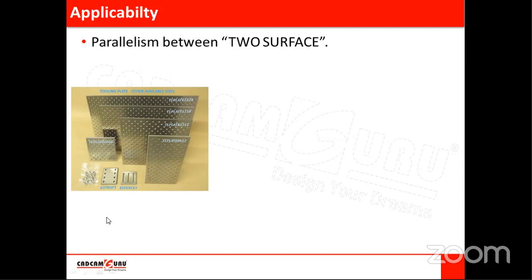There are slots, some elongated holes, some circular holes. Using these, we hold different components on these fixture plates. So there should be proper orientation, so that the same surface orientation is passed to the workpiece also, so that there is no error in the feature to be machined. For that purpose, we need these surfaces to be parallel.